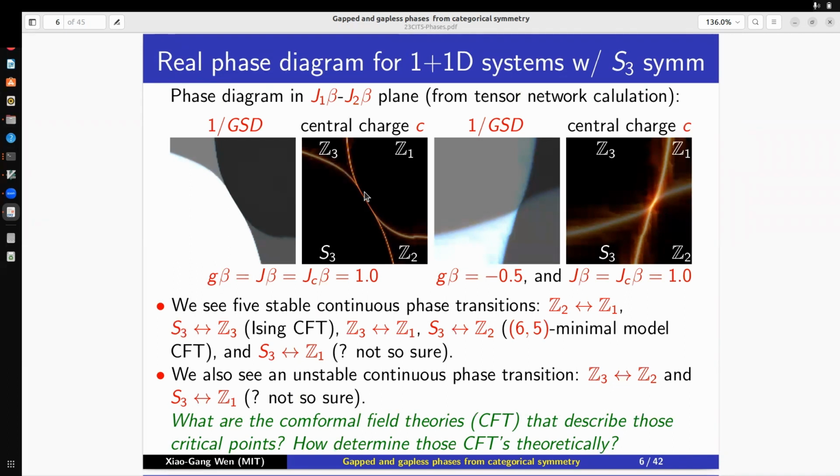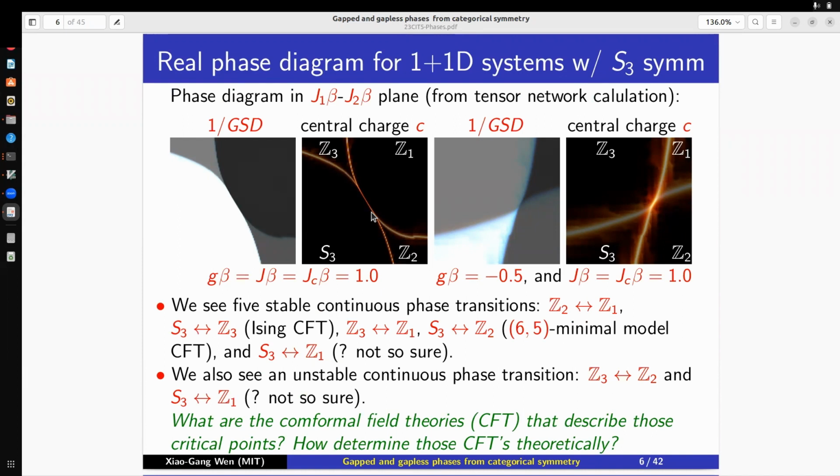But from here we see clearly that it looks like we have stable continuous transitions. All these lines are stable continuous transitions apparently, except this line. If you look very carefully, what this plot computes is the so-called central charge, or another way to compute the low energy density of states.